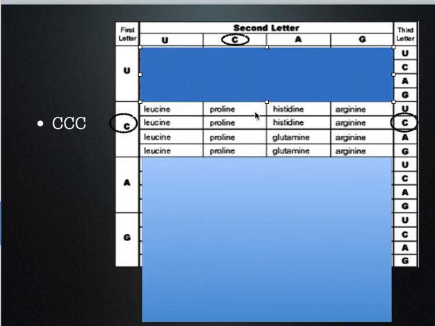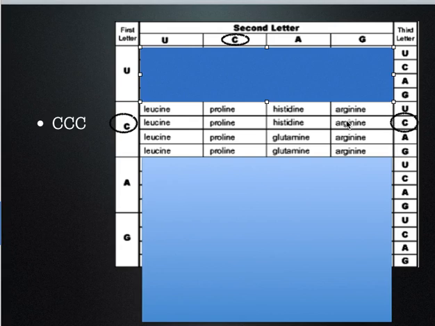So the answer's got to be proline, but which one of these prolines is it? Well, the third letter in the codon is a C. So I'm using this C, not this one. This one corresponds to the U, so that's not the right answer. So I'm going to follow this C over.